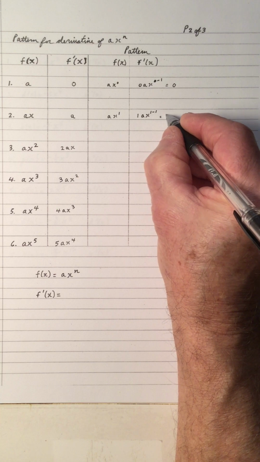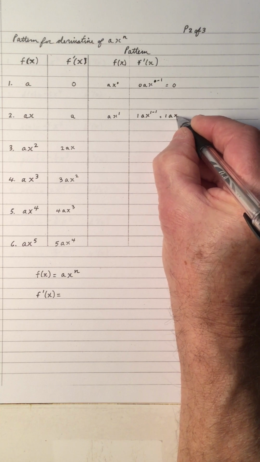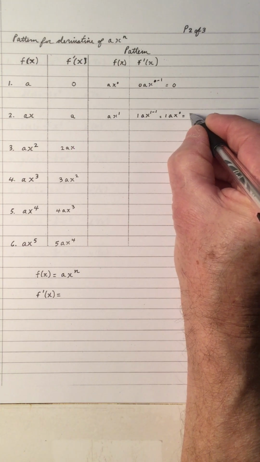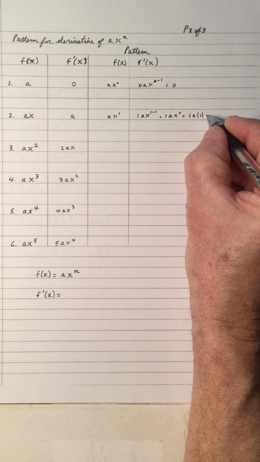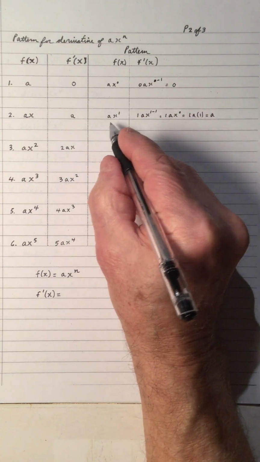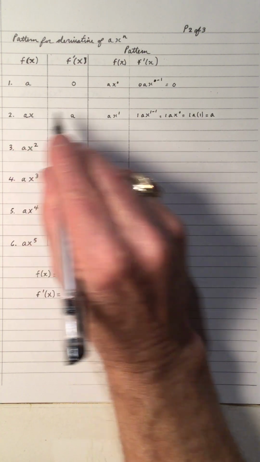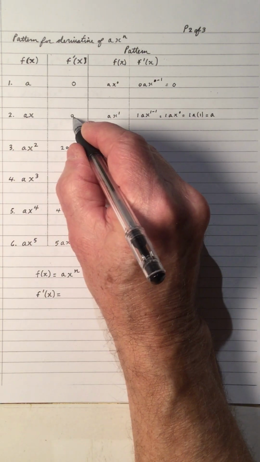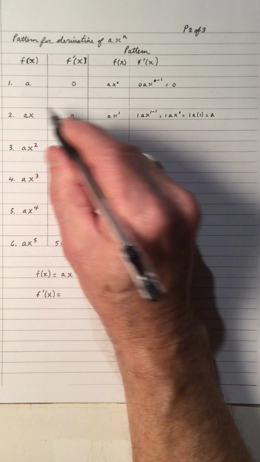So we get 1 times ax to the 0, which is understood to be 1. So that gives us an a. So you notice that this is a 1, and we end up with just an a. The x decreases the power, it goes down by 1.